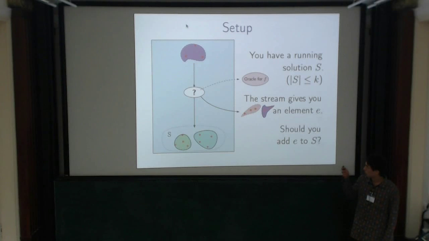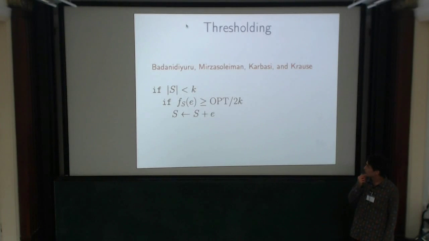Okay, so for the cardinality constraint, BD et al. do a thresholding algorithm. So suppose for the moment we actually know what the value of optimum is. They just check to see if the margin is at least opt over 2k. Okay, so certainly if I collect k elements, I've got an opt over 2. Meanwhile, anyone I reject, his margin against me is at most opt over 2k. Okay, so it's delightfully simple.